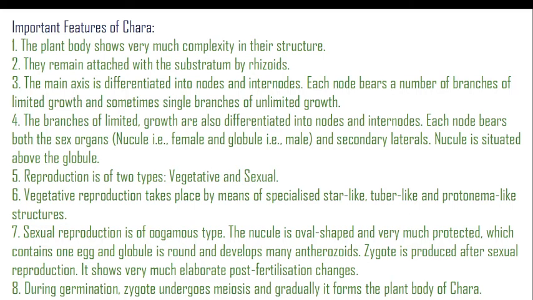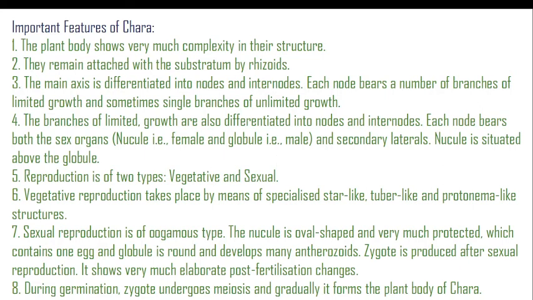Some important features of Chara which we have to know. First, the plant body shows much complexity in its structure. They remain attached to the substratum by the rhizoids. Third, the main axis is differentiated into nodes and internodes.